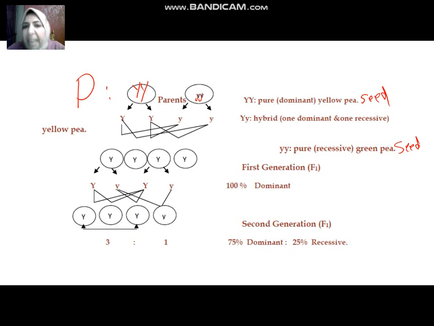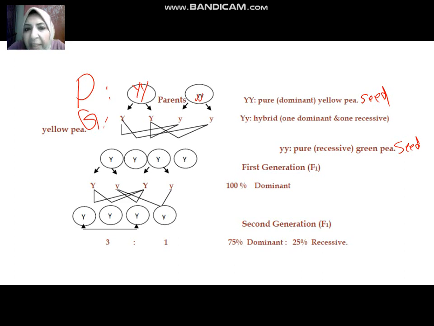The second stage will be the formation of gametes. Gametes means segregation, or separation, of these genes, so that inheritance and then fertilization can happen. The second stage is the stage of gamete formation.